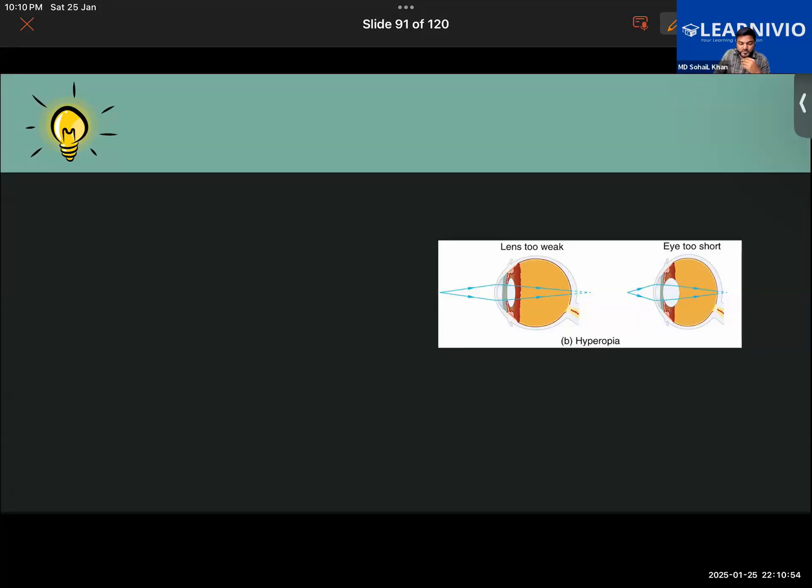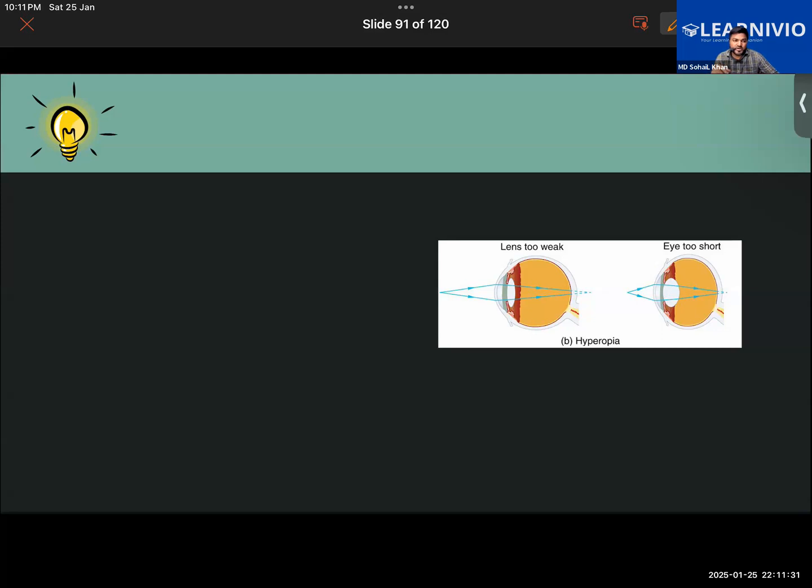He will be only able to look at objects that are kept far away. So in this situation, the rays of light are again not focused onto the retina. Why? Because the eye lens has become too weak, or the eyeball has become too short. So the objects that are kept nearby will appear blurry.